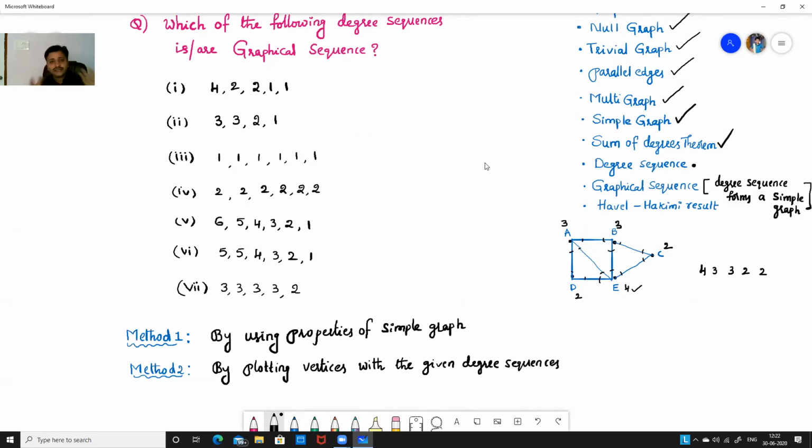Okay, means we can draw the graph by plotting vertices with the help of given degree sequences, and then we can verify whether it is forming a simple graph or not. Okay, this is method number two.